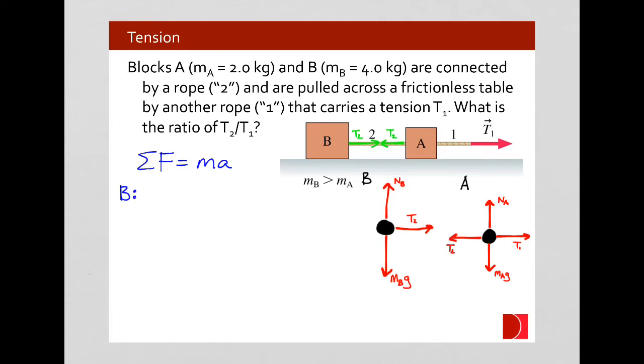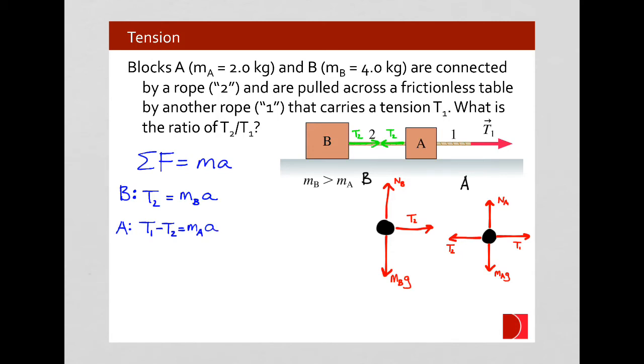For block B, the only force acting on block B is T2, and so that is the mass of B times the acceleration of B. For block A, we have T1 acting to the right, we have T2 acting to the left, so it's negative, and that is the mass of A times the acceleration of A.